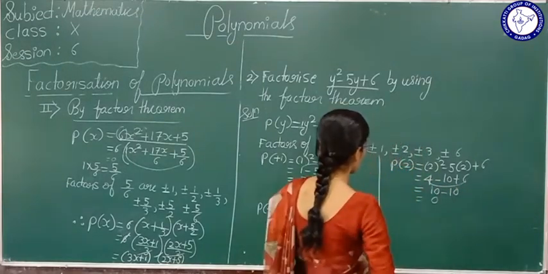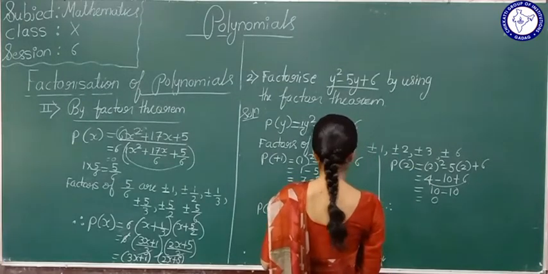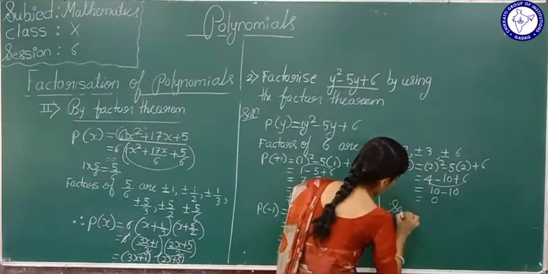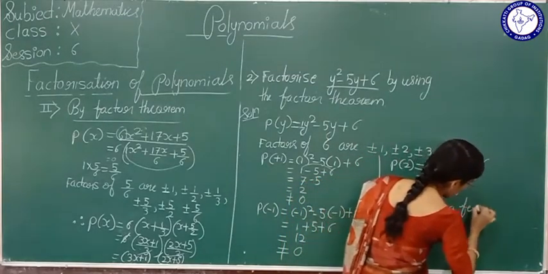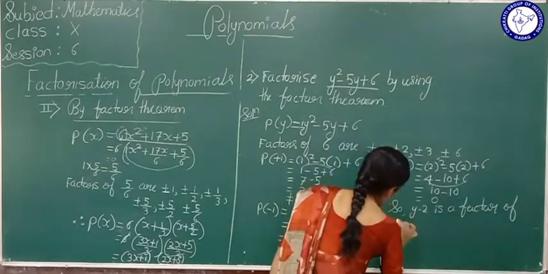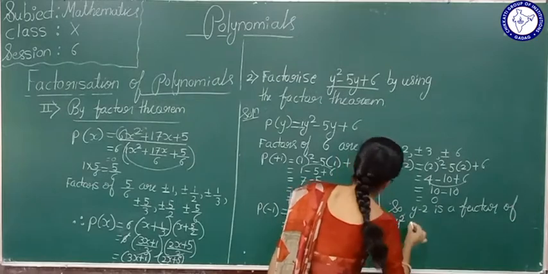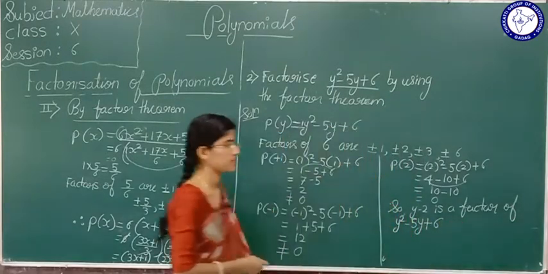So therefore what we can tell? What we can show, y minus 2 is a factor of what? Is a factor of y square minus 5y plus 6.